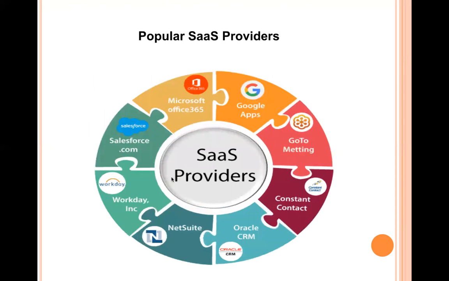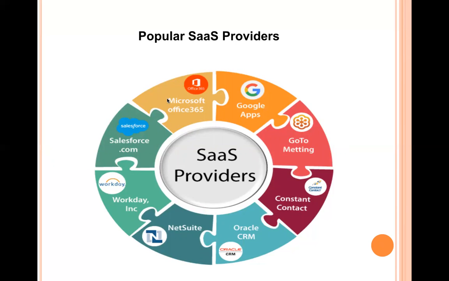Now see here, there are different popular SaaS providers. First SaaS provider is Salesforce.com. It provides an on-demand CRM solution, that is a customer relationship management solution. Then Microsoft Office 365. It provides an online office suite like Excel sheets, etc. Third, Google Apps.